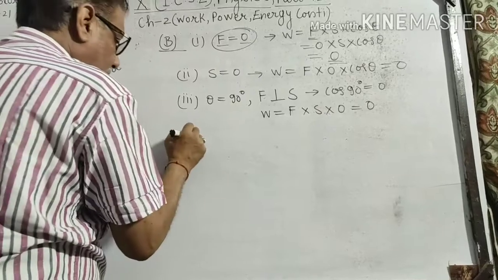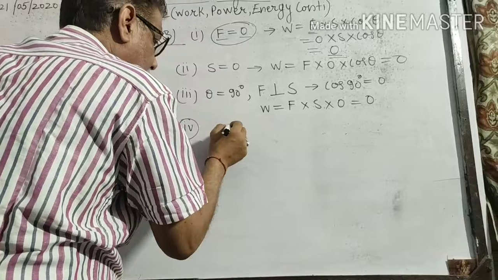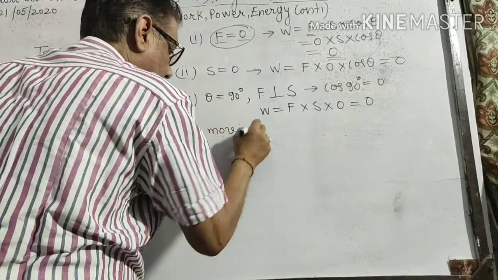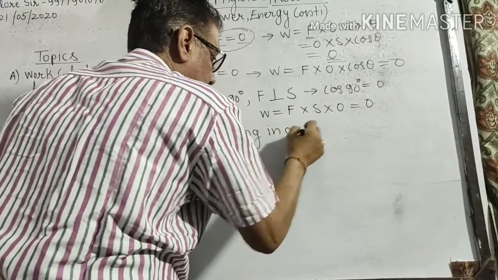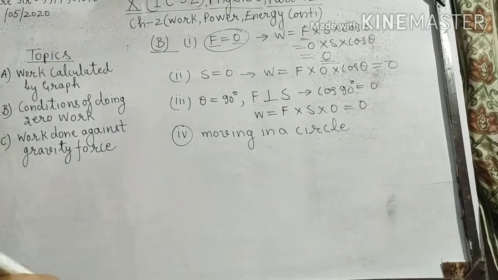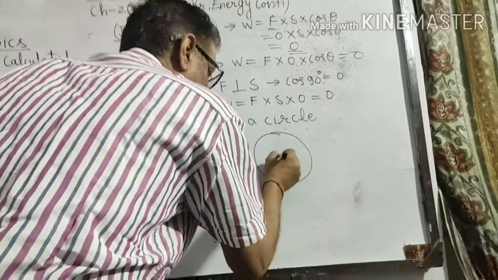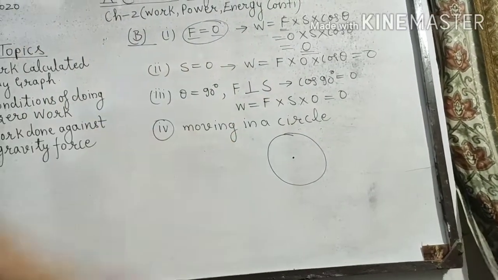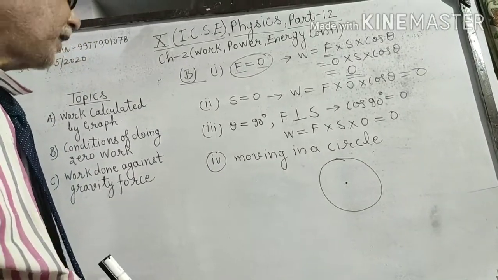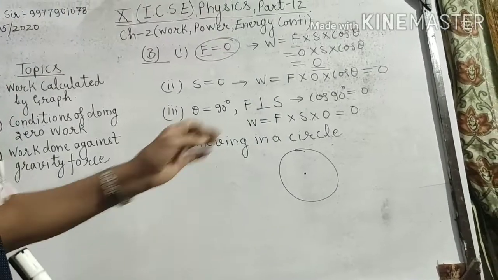And the fourth case is when the body is moving in a circle. I am drawing a simple diagram here. Recently it was also asked in the board paper that when a body is moving in a circle, calculate the work at any instant.